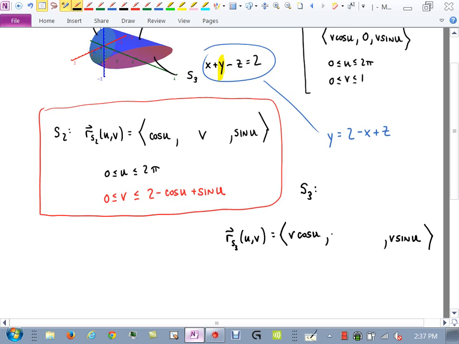But my y component is what? I can't use v. I'm already using v, right? But the y is this, isn't it? Isn't it 2 minus x plus z? And I know what x is, and I know what z is. So I can just call it 2 minus v cosine u plus v sine u.